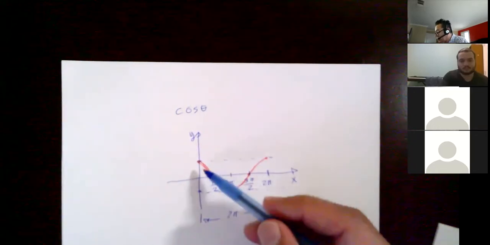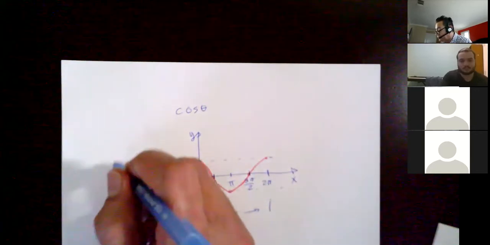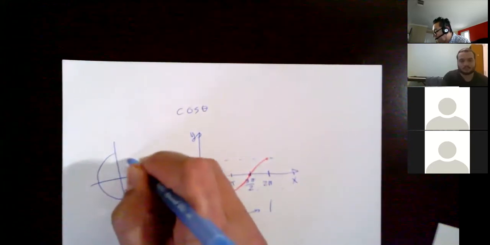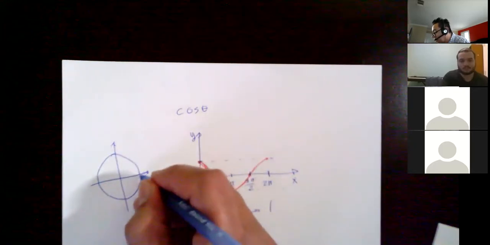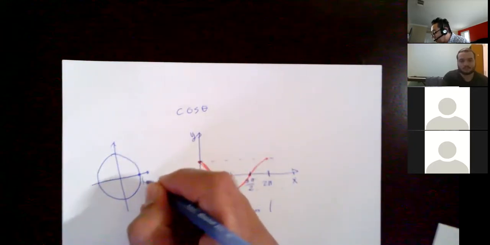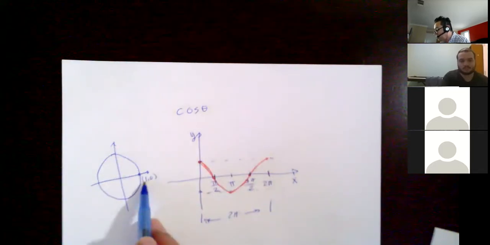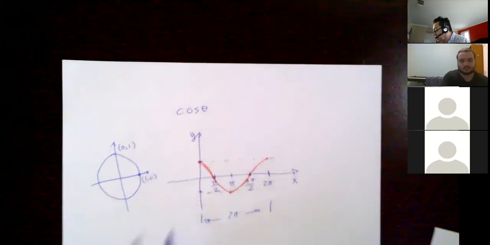Notice the cosine, if we go over the unit circle, at 0 the cosine is 1. At 90 degrees, the cosine is 0.